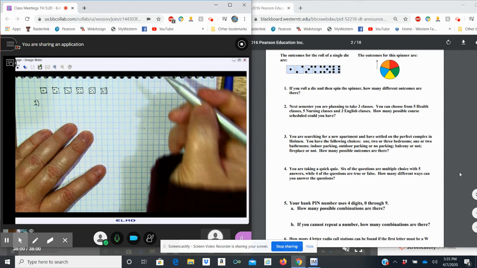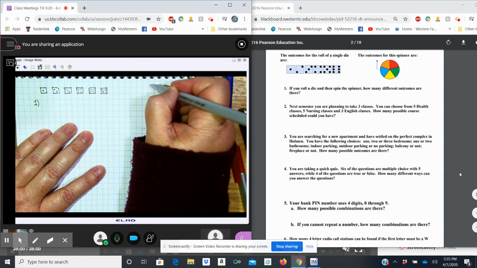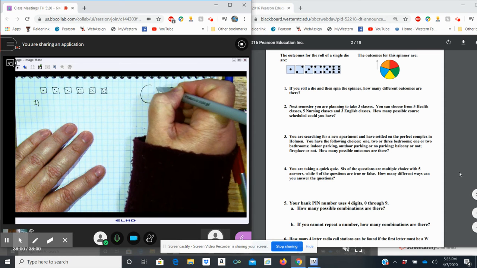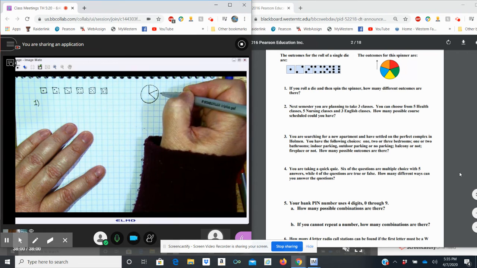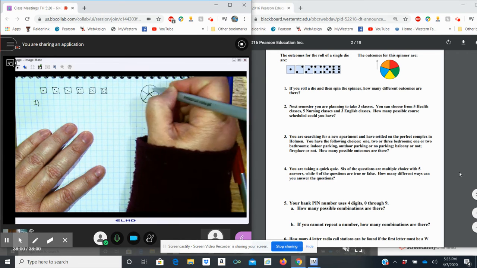Okay, and then I also have a spinner on the picture. That spinner is split into 5 sections, 2, 3, 4, 5.